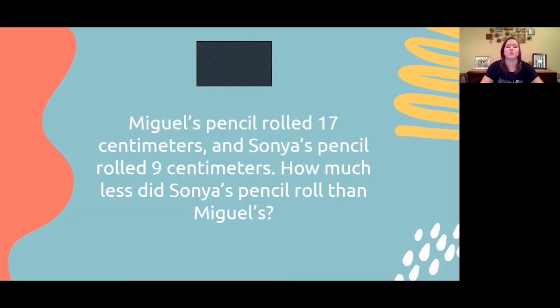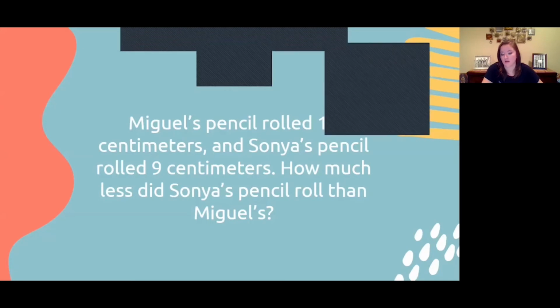All right, let's read it one more time. Miguel's pencil rolled 17 centimeters. Sonia's pencil rolled 9 centimeters. How much less did Sonia's pencil roll than Miguel's? All right, so I'm going to give you 3 minutes, and we're going to come back and we'll solve it together. All right, are you ready? 3, 2, 1.